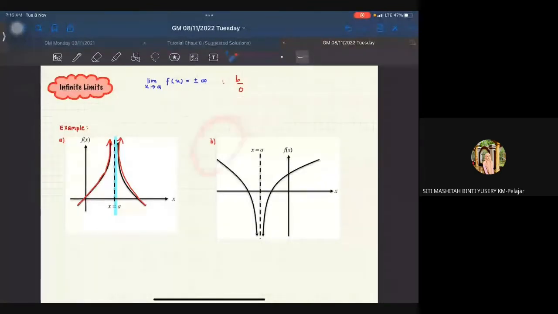Ataupun yang example B yang saya ada ni sekarang, right? So kita tengok dekat x equals to a, so x equals to a adalah yang tengah ni. Okay, and then kita nak tengok bila nilai x, when our value of x is approaching a from the left side and from the right side, dia punya nilai y tu pergi ke arah mana? Okay, so that is what we are interested in.